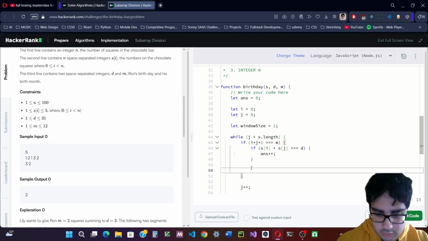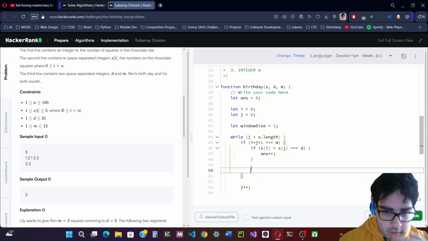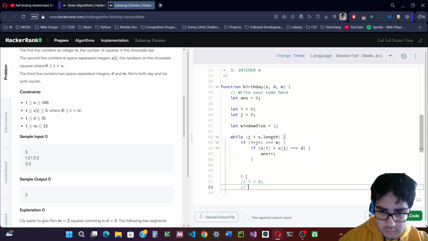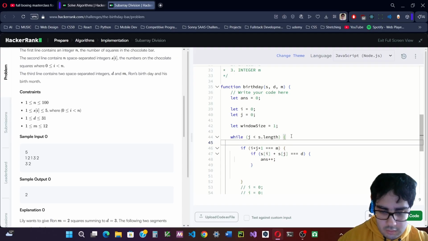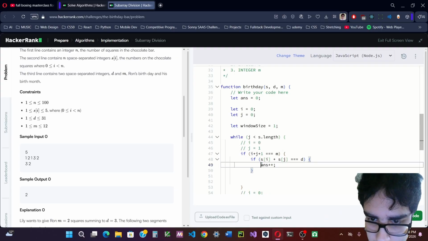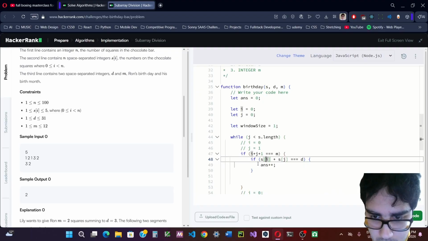So if this is true, here at first i is 0, j is 0, then after this i is 0, j is 1, so this is gonna be basically 1 plus 1 is gonna be 2.